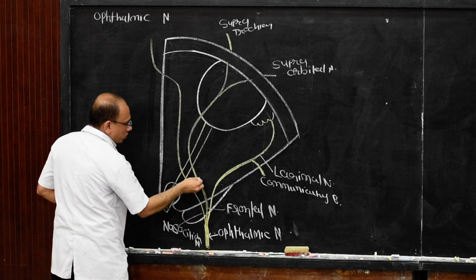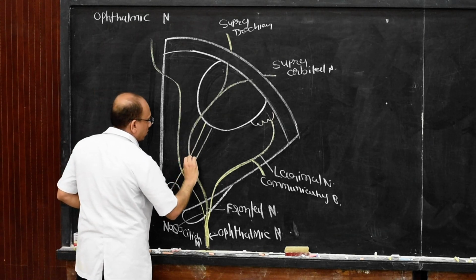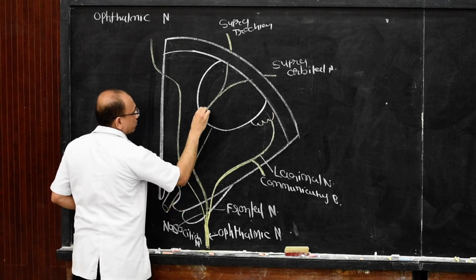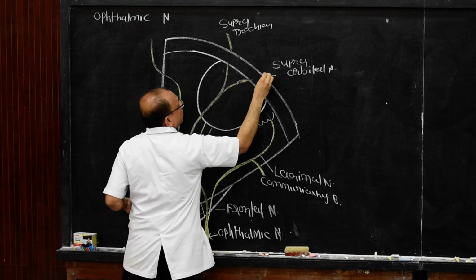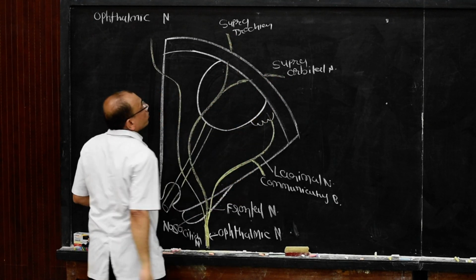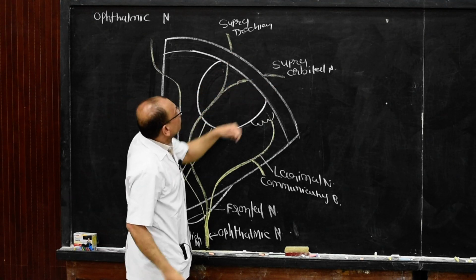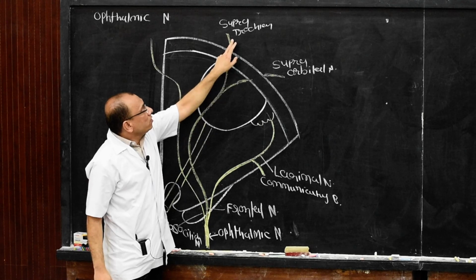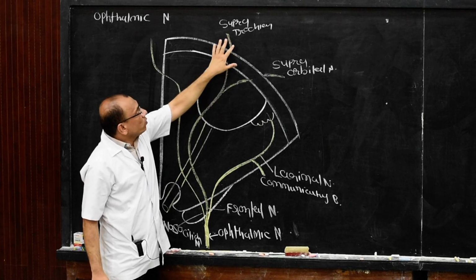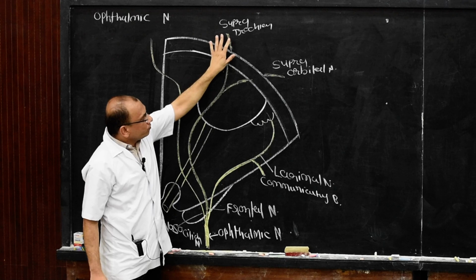This is the frontal nerve, which crosses the optic nerve above the levator palpebrae superioris muscle and divides into the supratrochlear and supraorbital nerves. The supratrochlear nerve supplies the skin of the forehead on the medial side, and also the conjunctiva and eyelid.